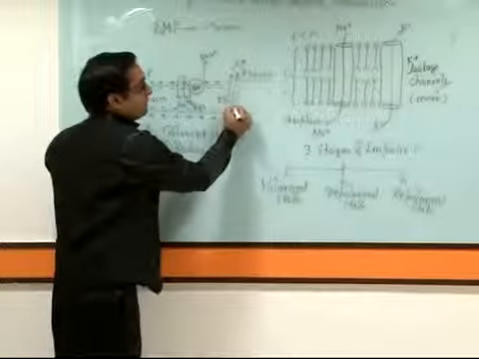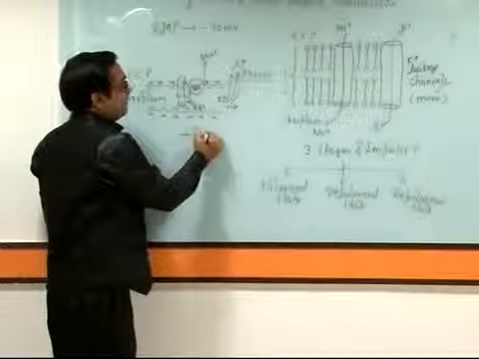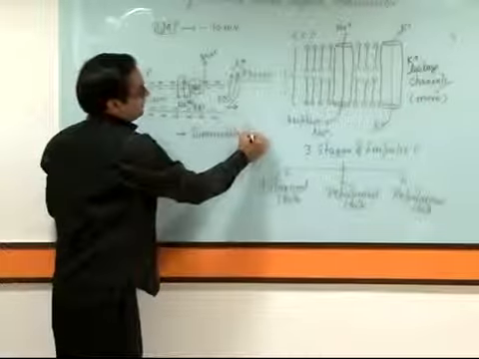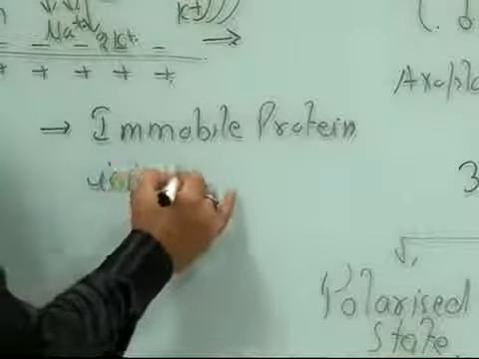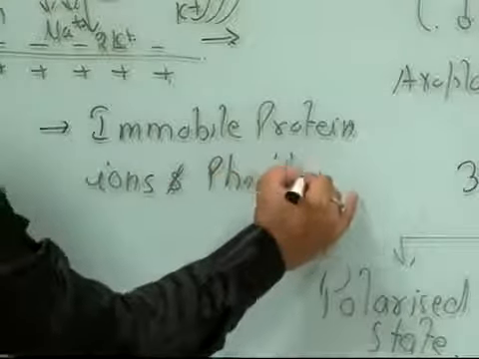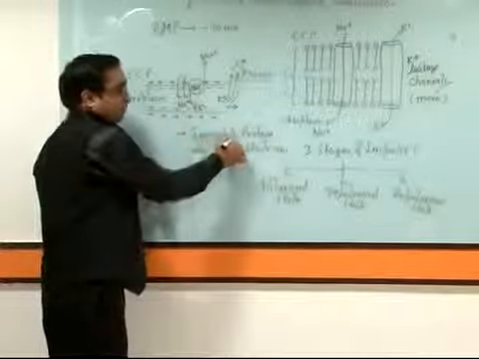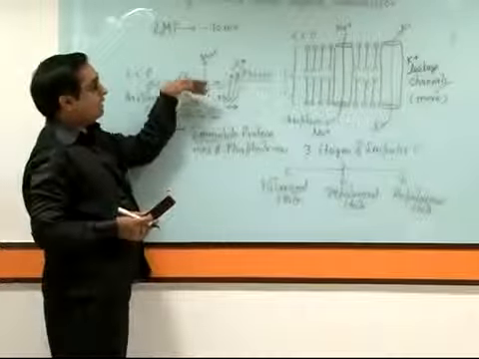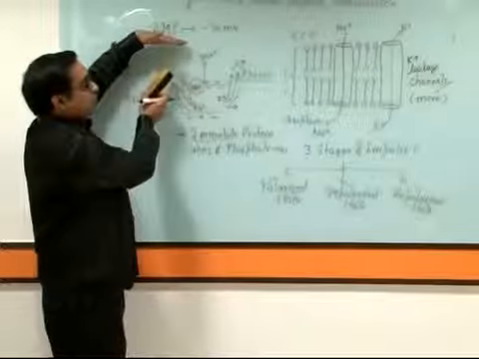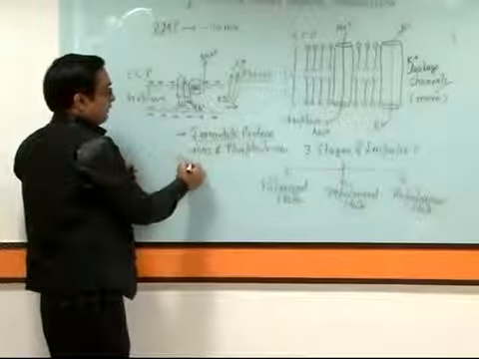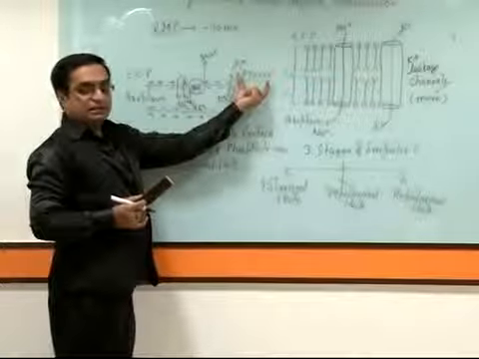That means we must have some negatively charged ions also here, and those negatively charged ions are immobile protein ions. I'll repeat, immobile protein ions and phosphate ions are more inside the axoplasm. Now, because they are immobile, they cannot leave the axoplasm. So the net result becomes that inside we have negative charge and outside we have positive charge. So this is the normal polarized state of neuron, in which the resting membrane potential is minus 70 millivolts.